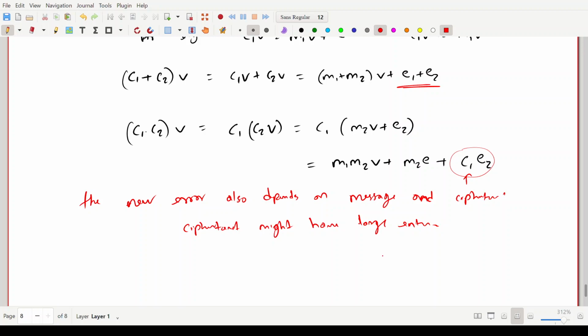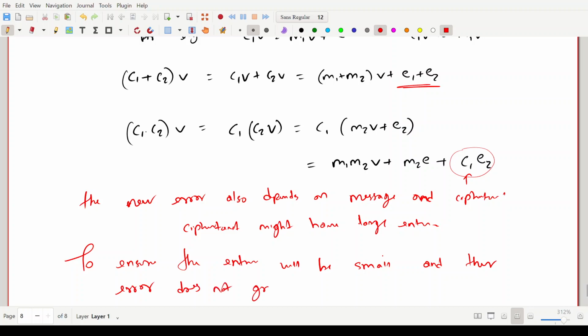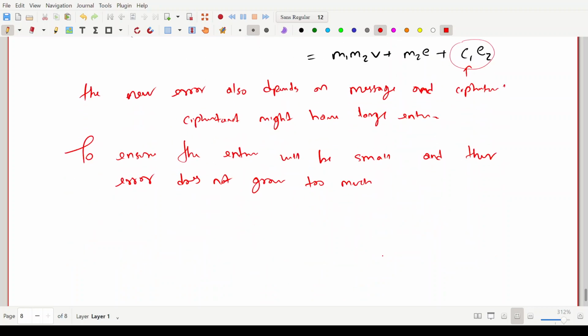So to ensure the entries will be small and thus the error does not grow too much, a gadget matrix is introduced.